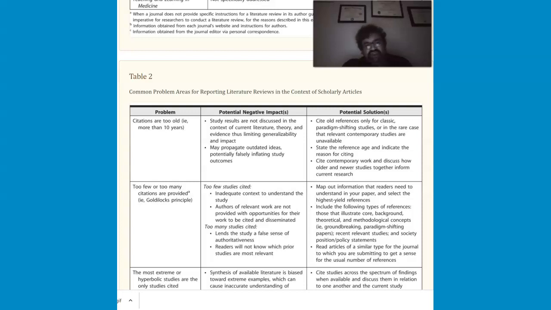And then here's common problem areas for reporting literature reviews in the context of scholarly articles. And one thing that I wanted to add to this is null findings or negative findings are oftentimes rejected in journal articles. And a lot of times that will lead to publication bias when you're doing a literature review and meta-analysis, and usually is stated within the limitations of the meta-analysis.